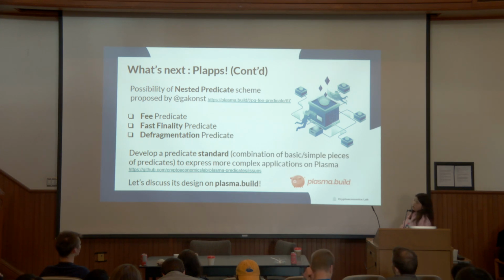What's important here is how we can combine simple pieces of predicates that are necessary for most applications, like common functions, and achieve a generalized smart contract in the simplest way. We've been discussing this design a lot.